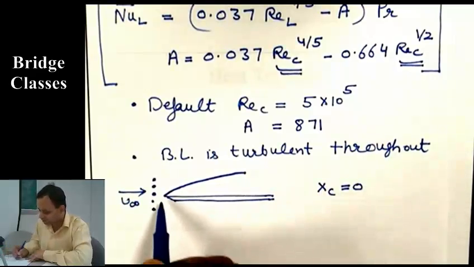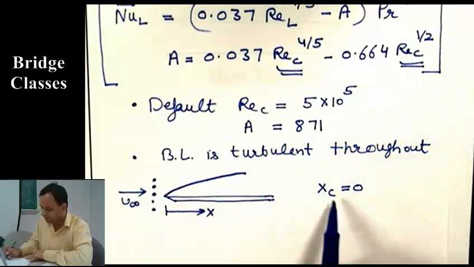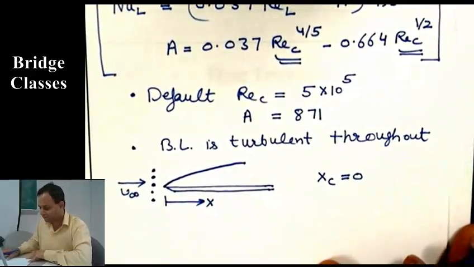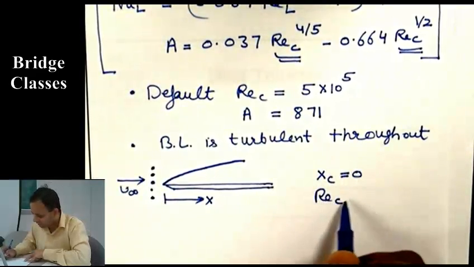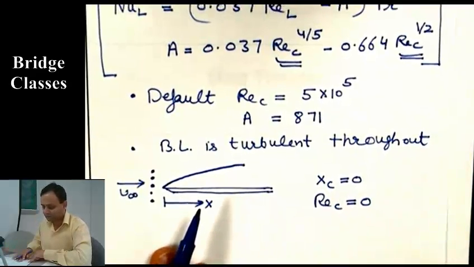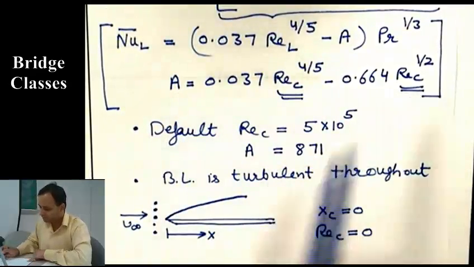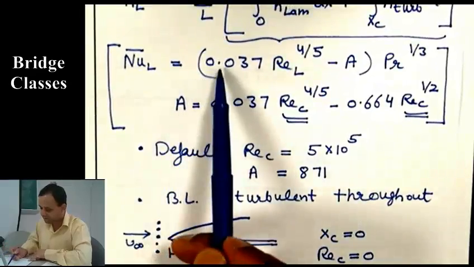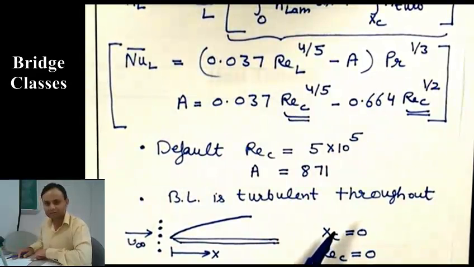XC is 0 because the boundary layer is turbulent right from the beginning. So the critical value of X at which it becomes turbulent is 0, and you get Re_c, the critical Reynolds number based on XC, as 0. So in this case, the value of A is going to be 0, and your average Nusselt number will be just this thing times Prandtl number to the 1/3. Okay, so that's the formula when you have a mixed boundary layer.